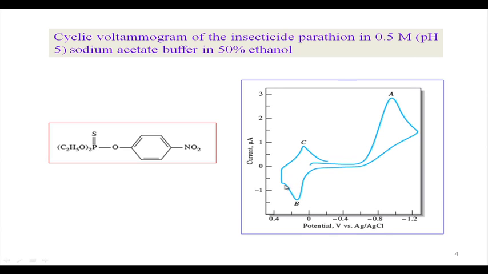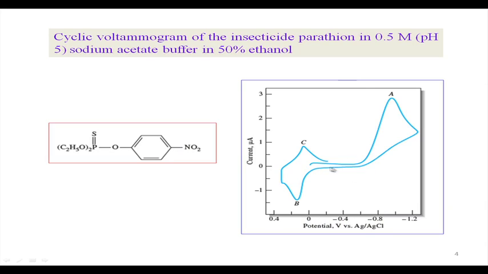If you then switch back again and try to get a cyclic process, because you can have repeat scans for any compound like your potassium ferricyanide, and if the compound is stable in the solution as well as the reduced form on the electrode surface, you get an overlapping cyclic process for your measurement.